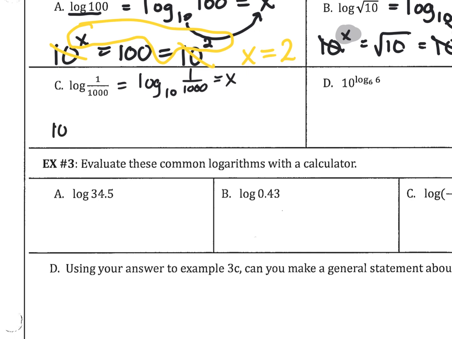Did you get 10 to the x equals 1 over 1,000, right? Okay, so now we got to get 1 over 1,000 to be base 10.